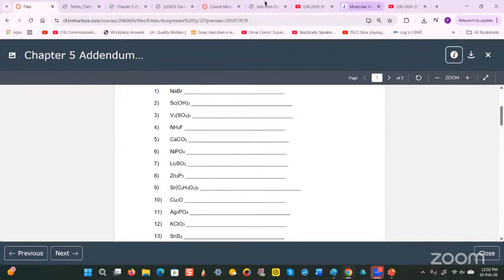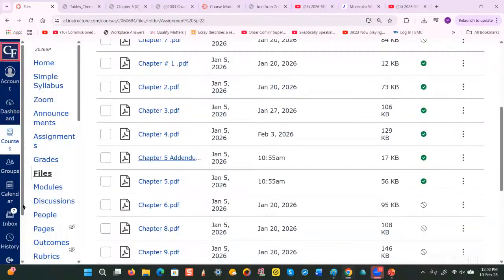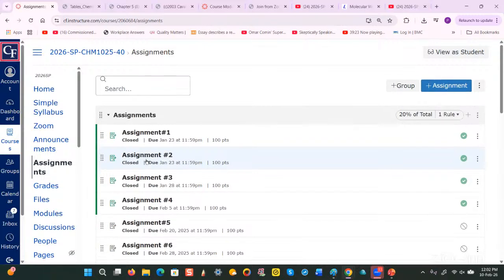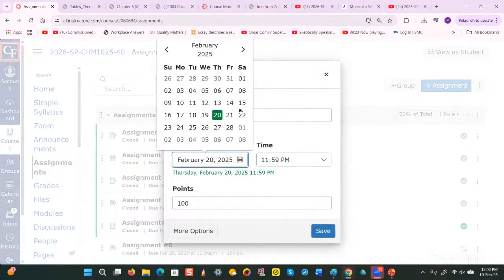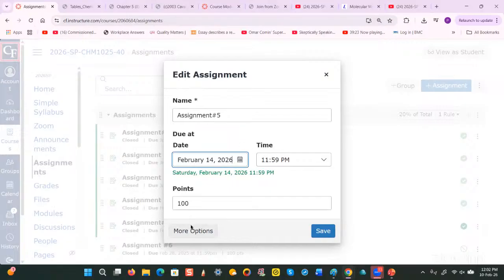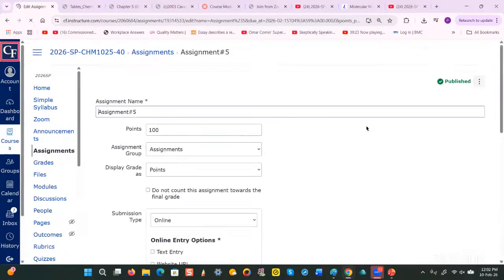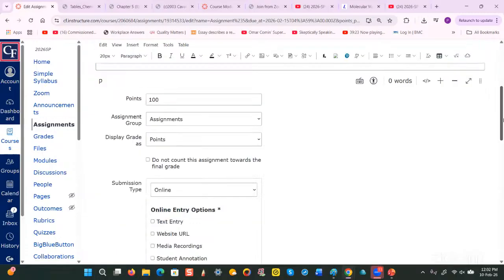So what I'm going to do right now is set up a Dropbox for this. So this is assignment 5. I'm going to set the 14th as a deadline, because you have the test to prepare for and all that stuff.